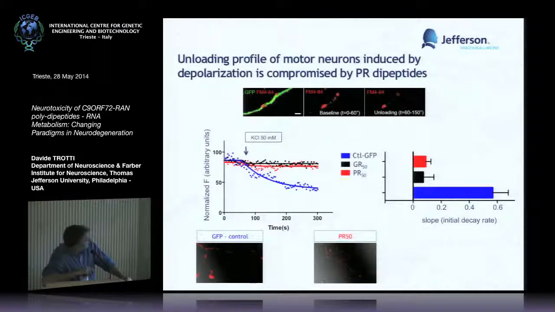You can see here that the control nicely unloads the vesicles. When the vesicle fuses, it loses fluorescence, so that can be detected. But the PR and GR neurons lose that ability. This is plotted here as the slope of the initial decay rate of release. So it's quite clear that even at early stages, these neurons are somehow suffering.